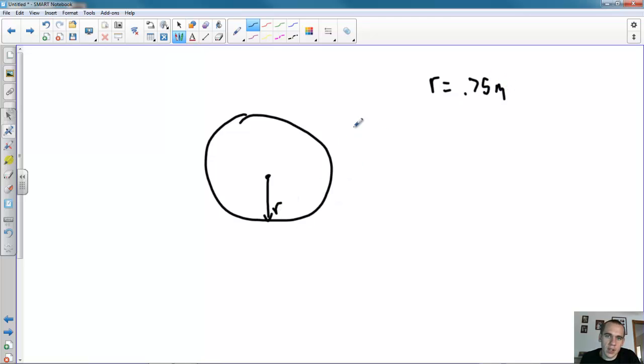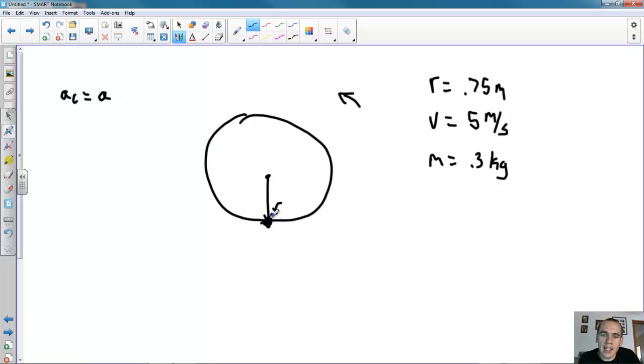It still swings around in a circle, and I'm going to let it be going with a velocity of 5 meters per second. And the object, we'll even leave it with the mass we had before of 300 grams or 0.3 kilograms. Now, if you look at this, since the speed is constant, the acceleration is centripetal acceleration. That's the only thing that's going on.